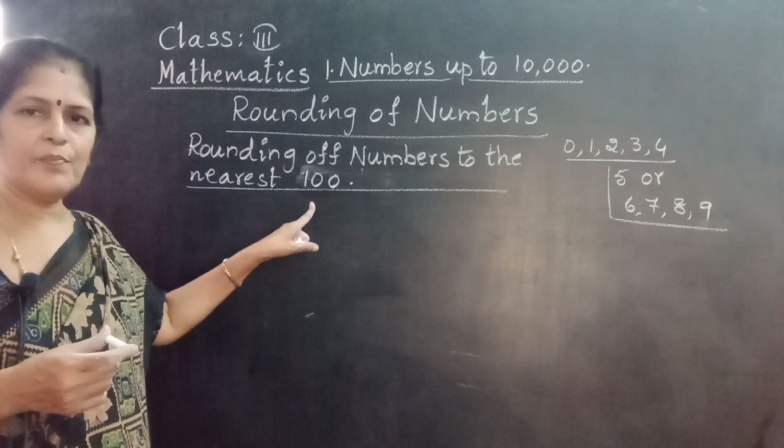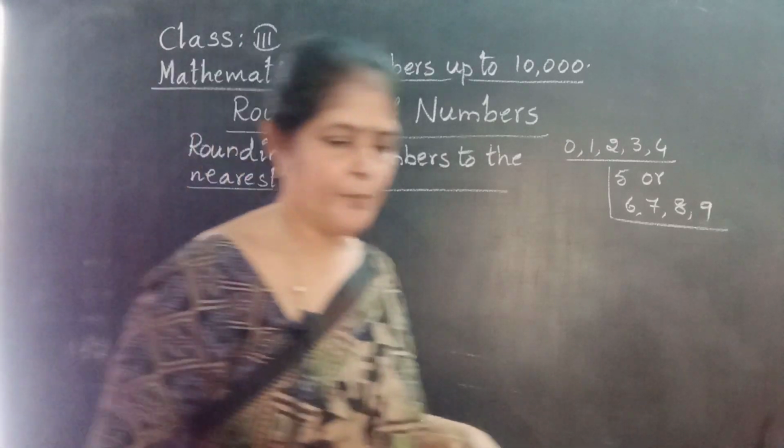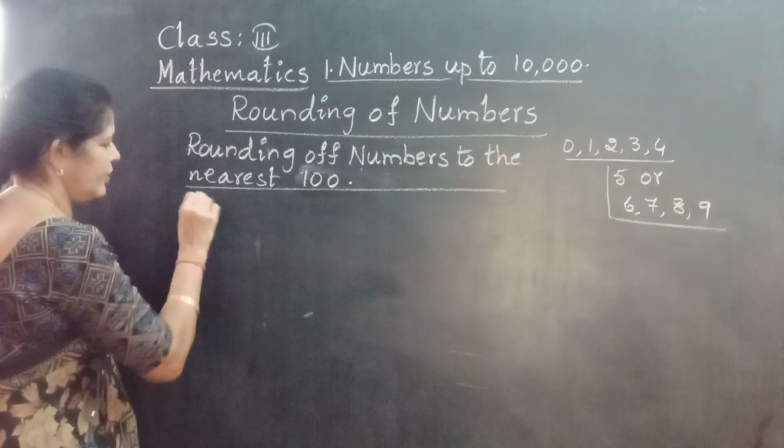Nearest 100 means we check the tens place number. See, for example.